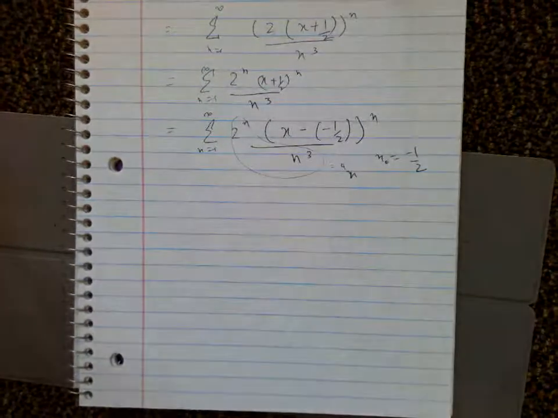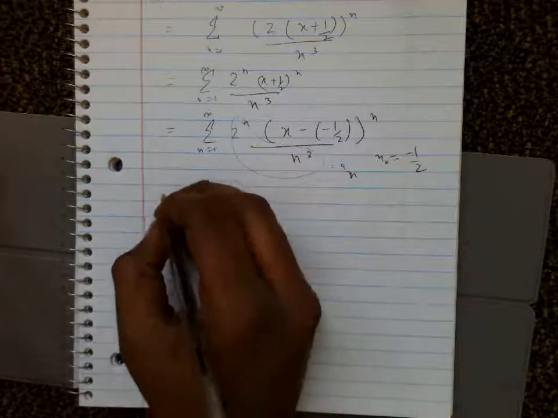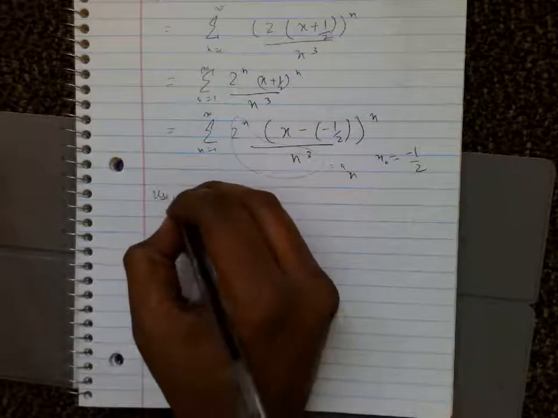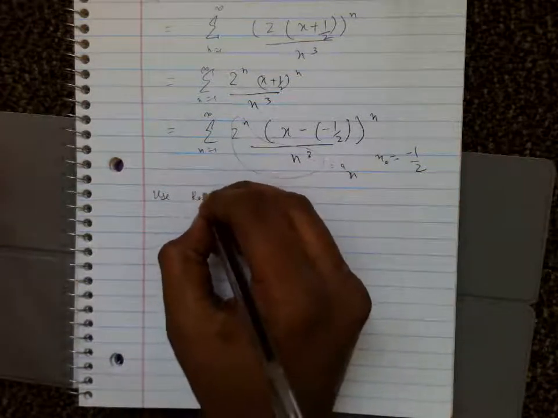So now we want to find out the radius of convergence. For that we'll use the ratio test.